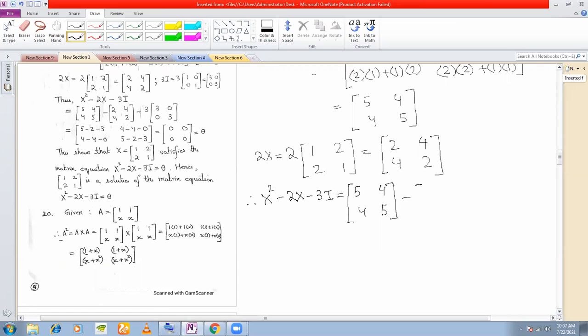2x above we have got here as 2, 4, 4, 2, minus 3 times the identity matrix of order 2. Now let's simplify this.